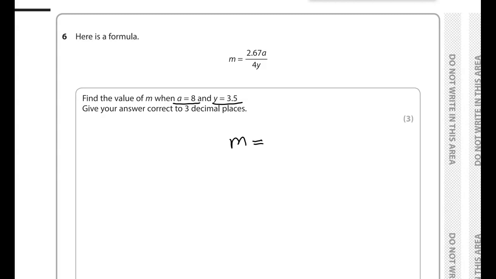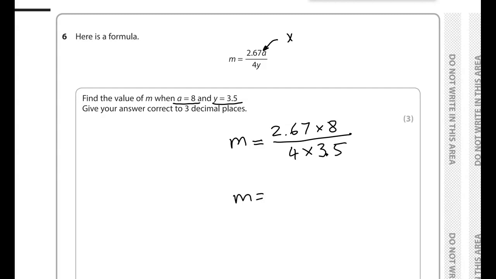So M is equal to 2.67 times A, which is 8. If there is no operation sign in there, it means it's multiplication. And then we've got 4 lots of Y, so that is 4 lots of 3.5.